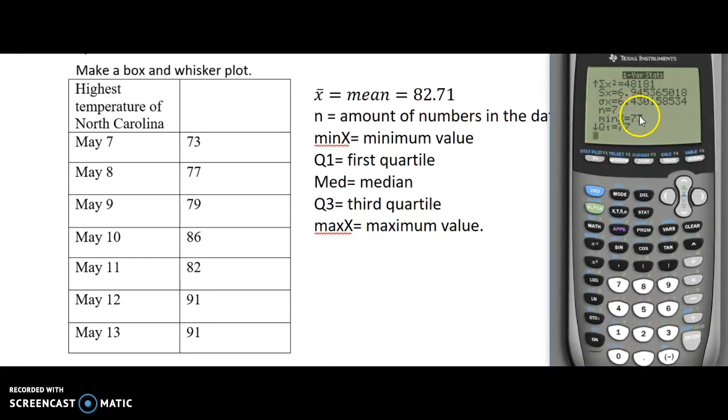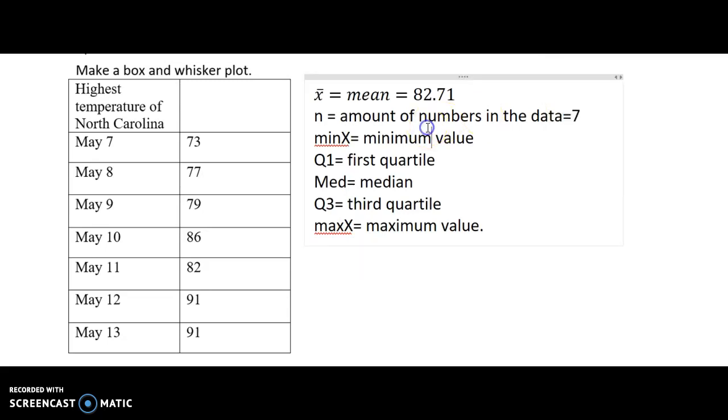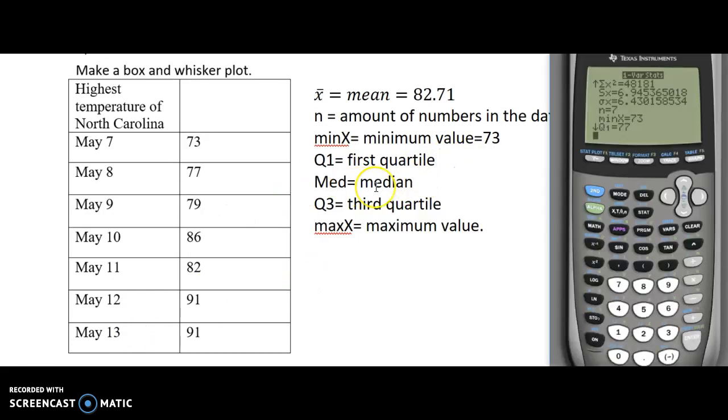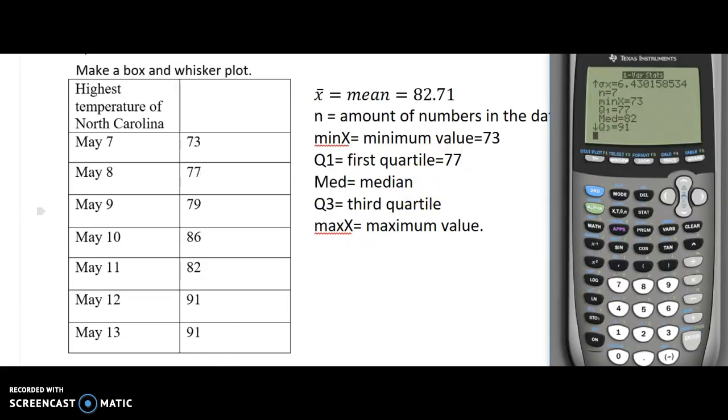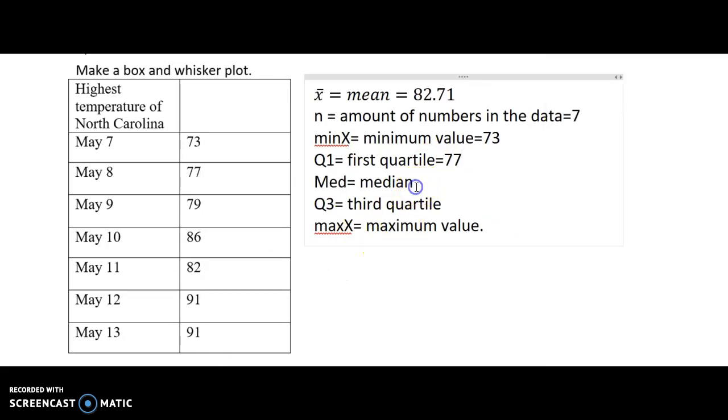And then it gives us the minimum. What was the minimum value of the data? 73. So the minimum value is 73. And here's the first quartile, which thankfully we do not have to calculate on our own. The first quartile is 77. The median is 82.